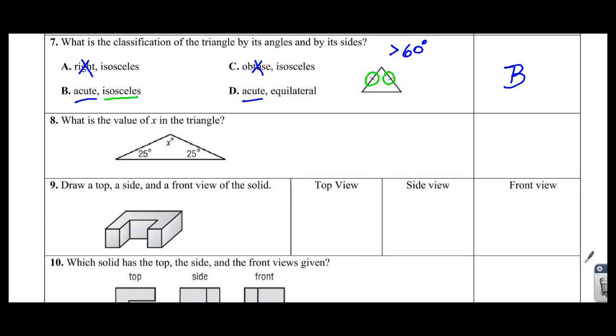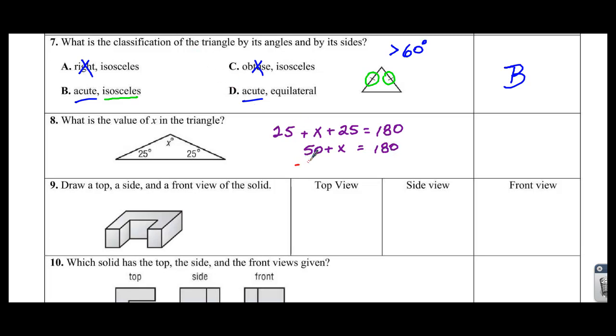On to problem number 8. So what is the value of x in the triangle? Well, here's what we know. We know that if you add all the angles of a triangle together, you get 180. So 25 and another 25, so we know that 50 plus x is 180.